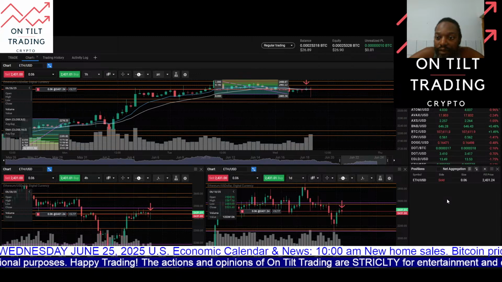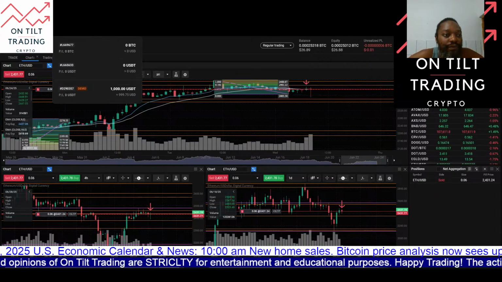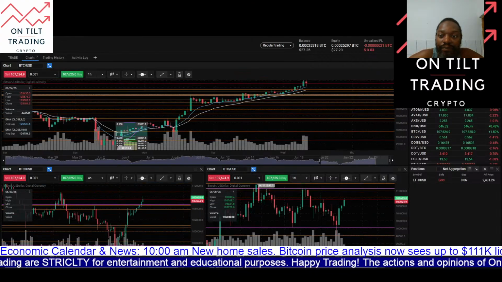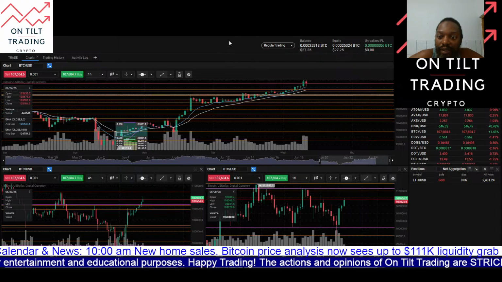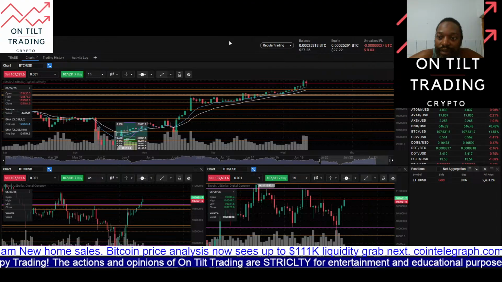Price being delivered to the sell side in Ethereum, now trading at 24.31. Some sell side delivery here in Bitcoin, now at 107,600 and consolidating.